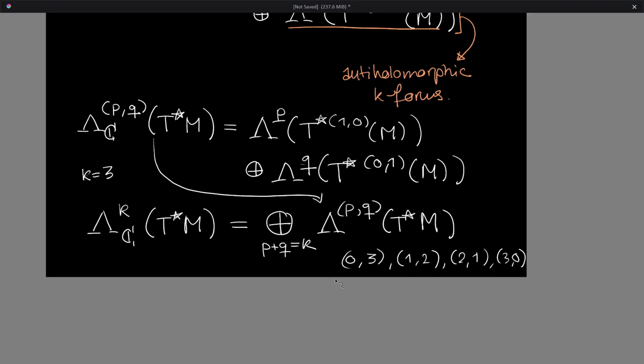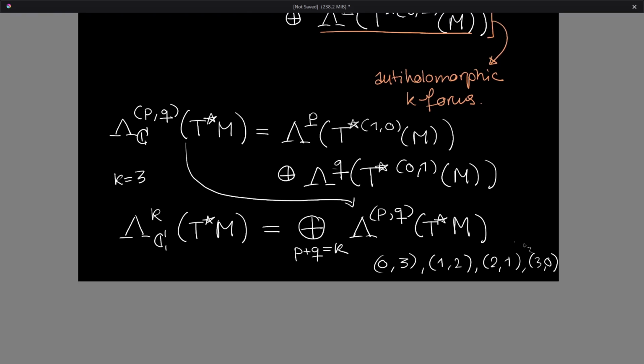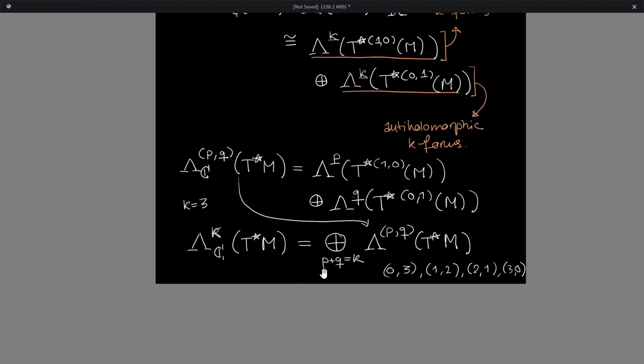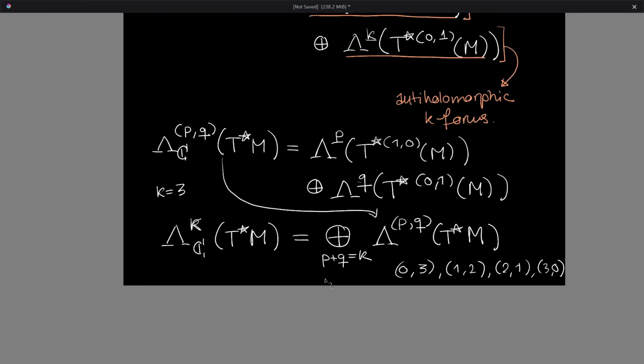So all these kinds of forms will all add up to give us the kth complex exterior bundle.